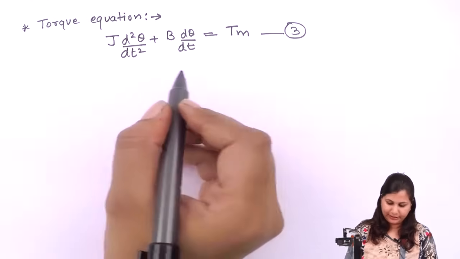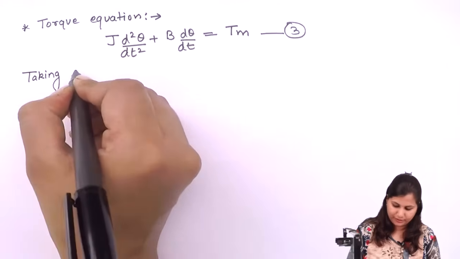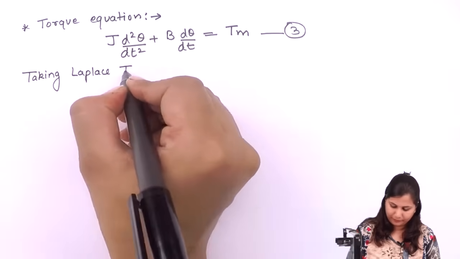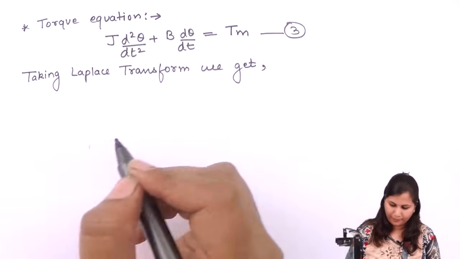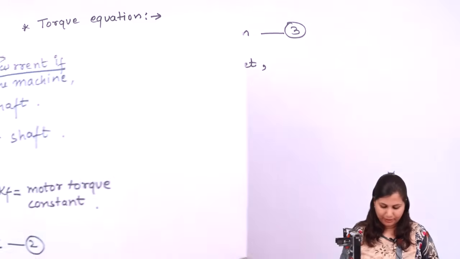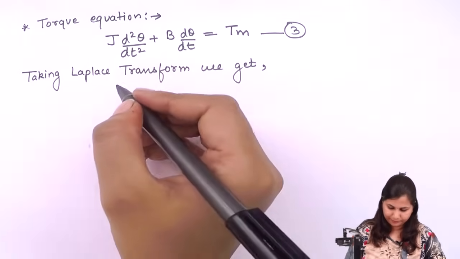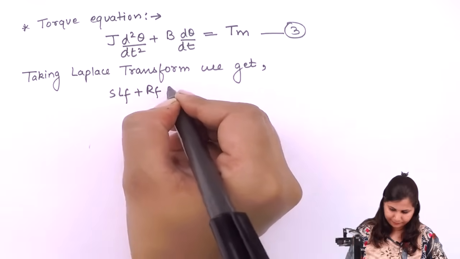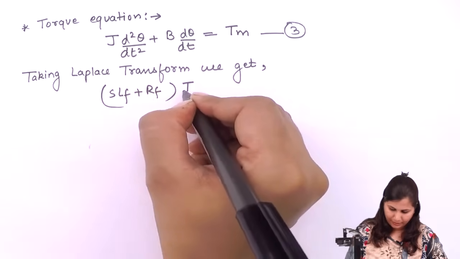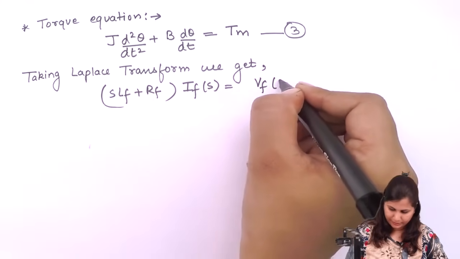Now if we take the Laplace transform of the second equation, we get (S LF plus RF) IF(S) equals VF(S).